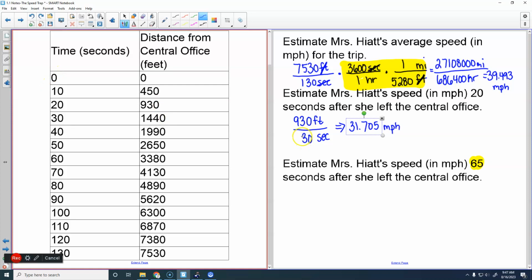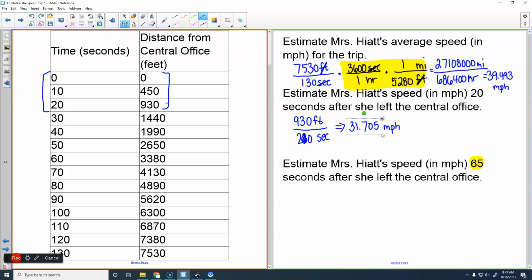Oh wait, that should be 20 right there, shouldn't it? Yeah, I wrote it wrong. 20. So we did the distance that was traveled over the first 20 seconds, the whole 20 seconds, right? So what you found was the average speed for that first 20 seconds.